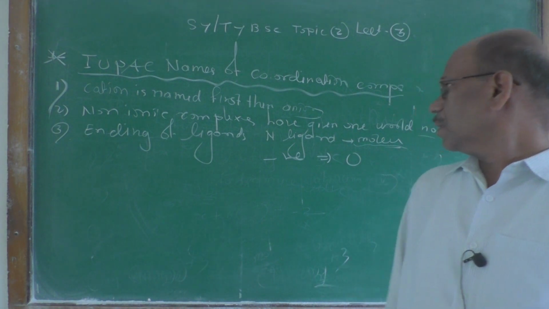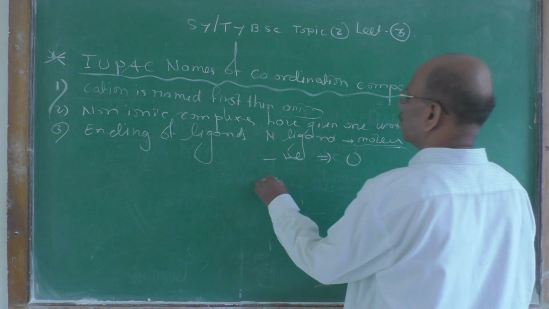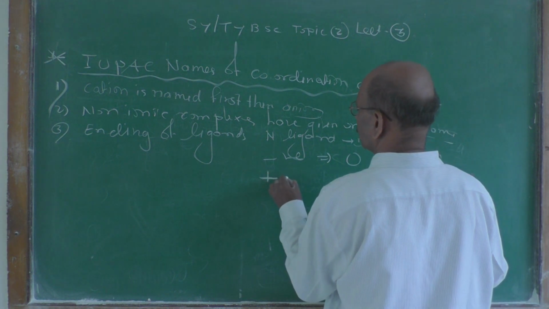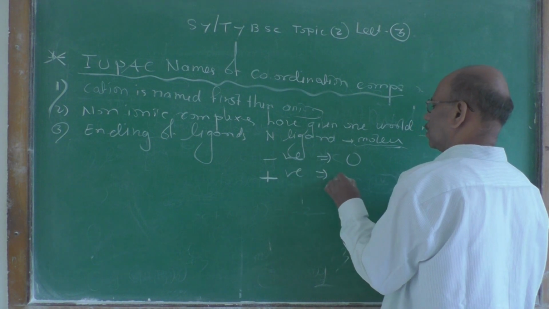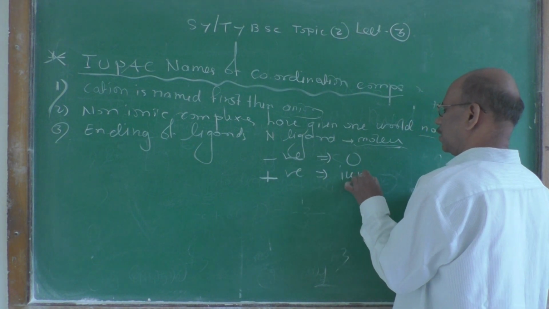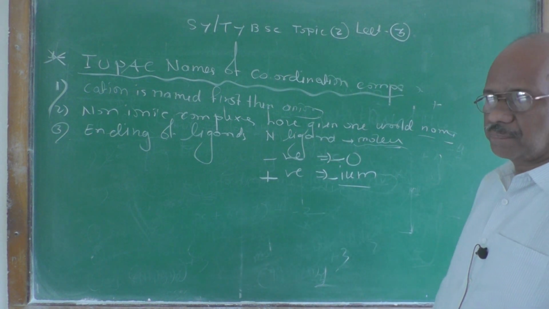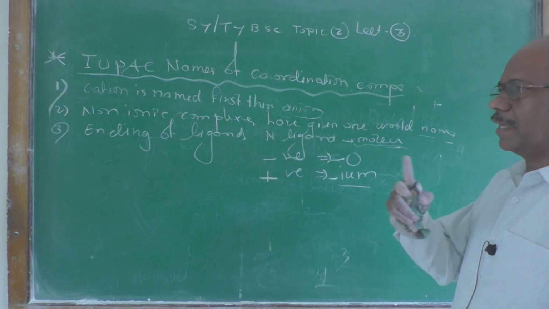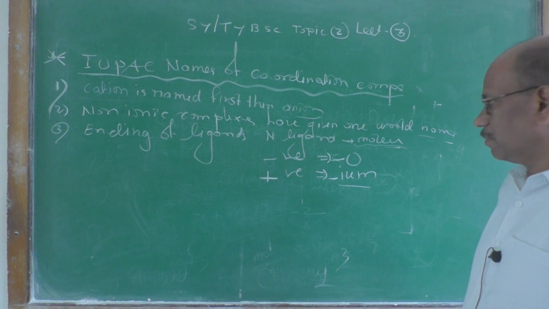Means negative ligand ends with O, and if we consider positive ligand, it ends with the suffix ium. Only two such ligands are there, nitrosylium and hydrogenium.